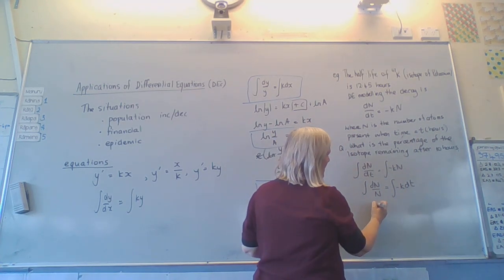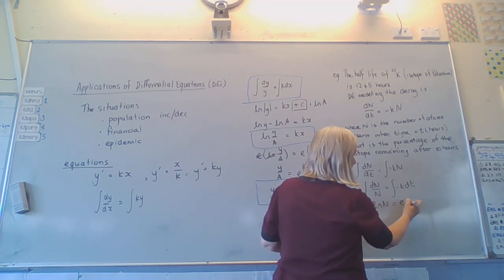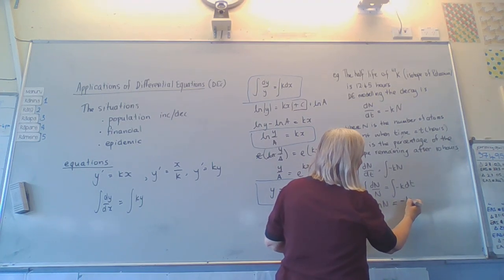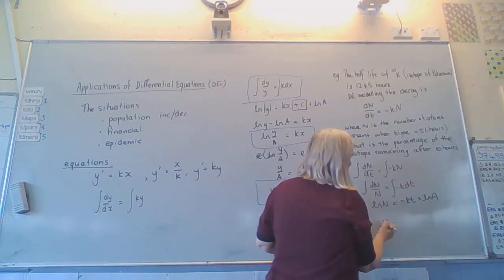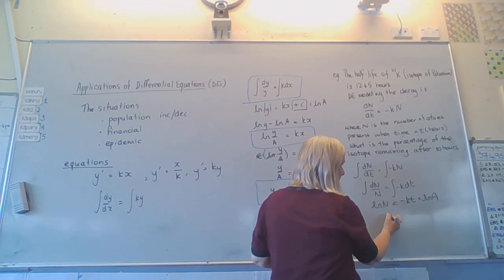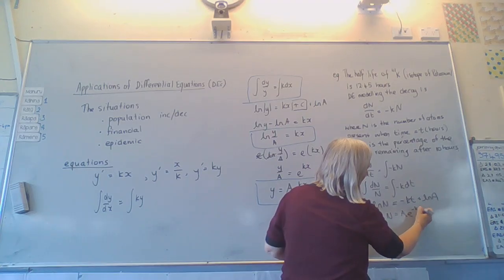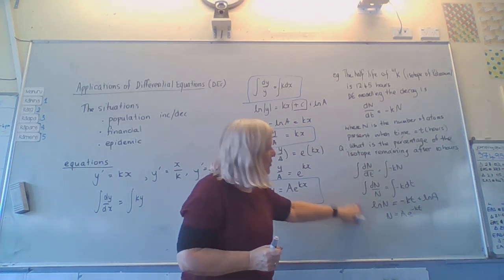Now we integrate, so ln of n equals negative kt plus ln of a. Now we can go straight to it and say that n equals a e to the negative kt. All right? So that part there we need to show.